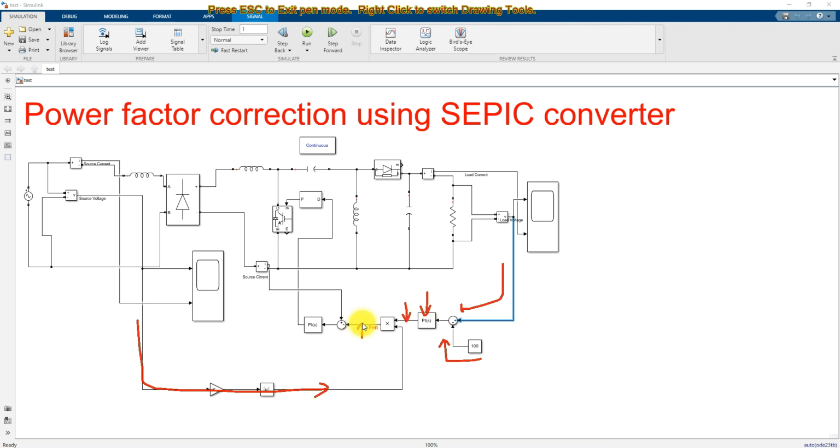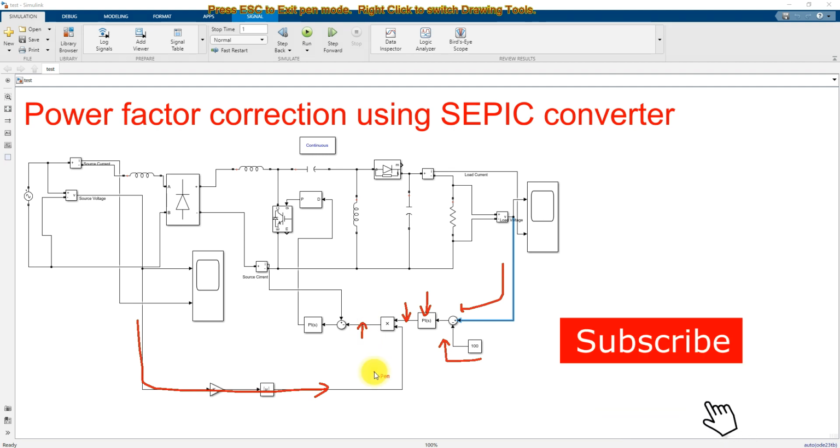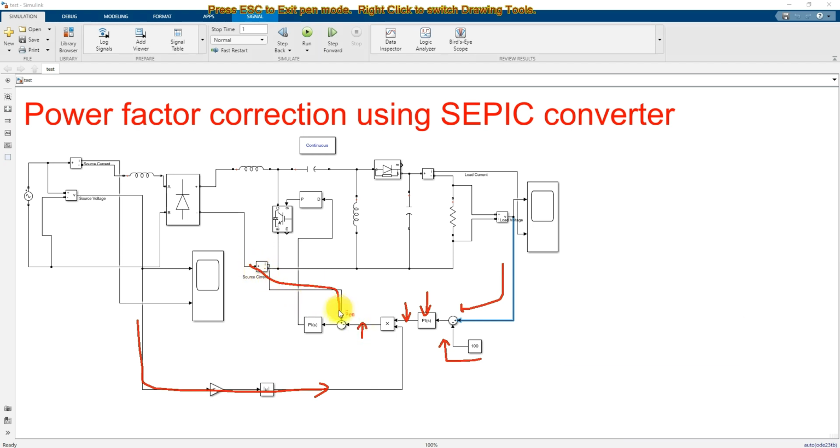So you have the reference current in the form of AC, and then you compare this reference current with the diode rectifier current, and it is processed via another PI controller and then a PWM generator, which generates the pulses for this IGBT in order to make the source current sinusoidal, increase the power factor of the system, and reduce the THD of the source current. So this is the closed loop control of power factor correction using the SEPIC converter.